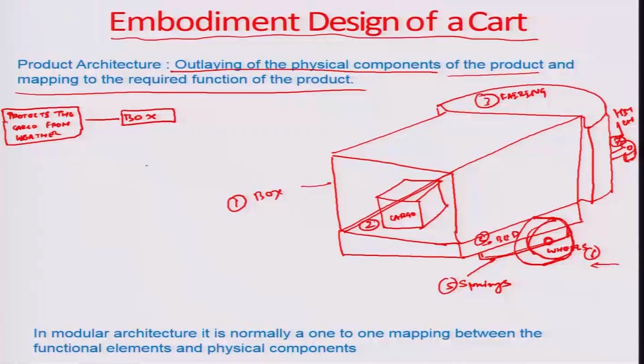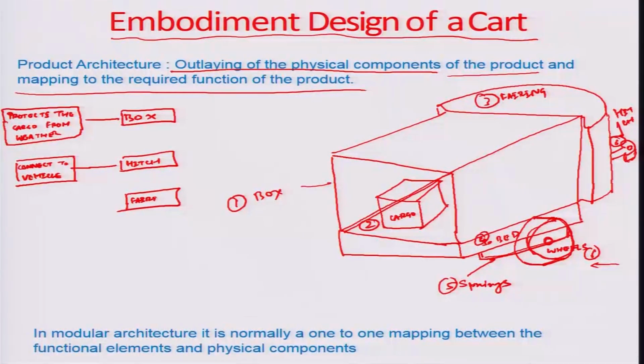Okay. Then you have of course, the hitch, which has the functionality of connecting to the vehicle. So, you connect the hitch to the vehicle. Then of course, you have the fairing, which is a component used for reducing the aerodynamic drag.